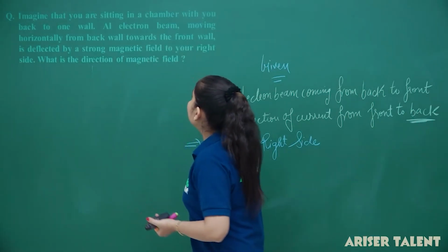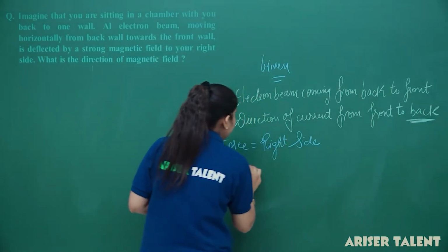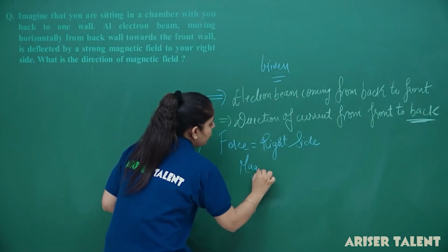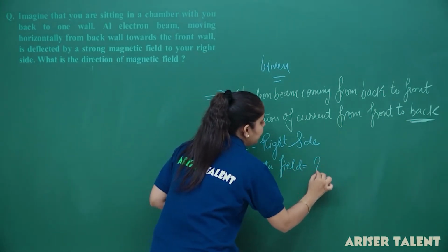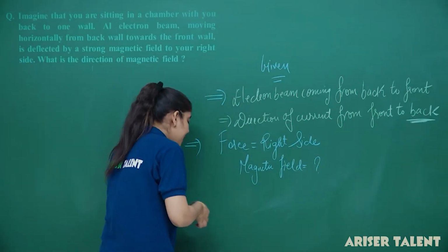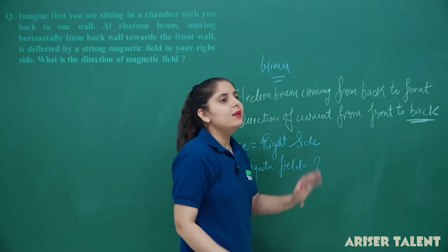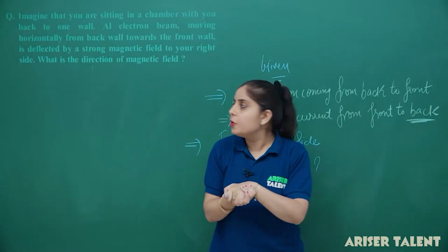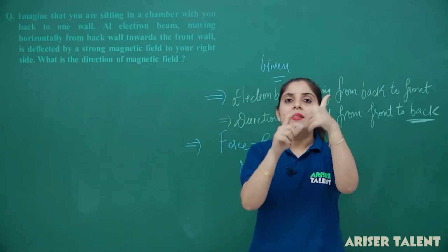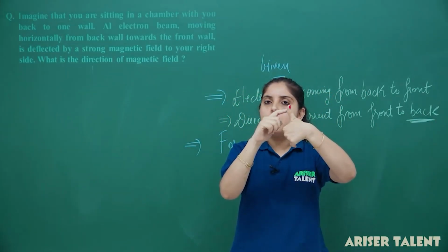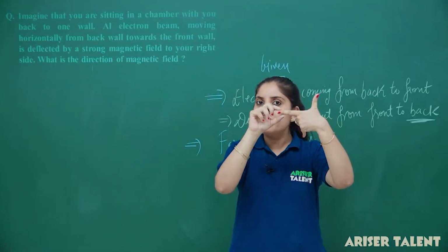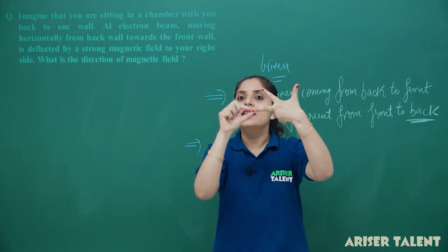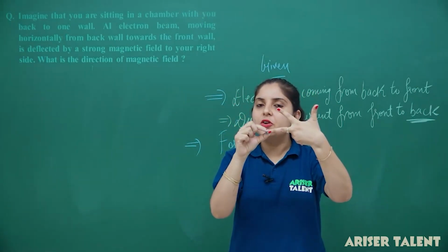Now, what will be the direction of magnetic field in this case? You have to determine the direction of magnetic field here. Now if I apply Fleming's left hand rule, what will I get? This thumb will give you the direction of force, the forefinger will give you the direction of field, and this finger is going to give you the direction of current.